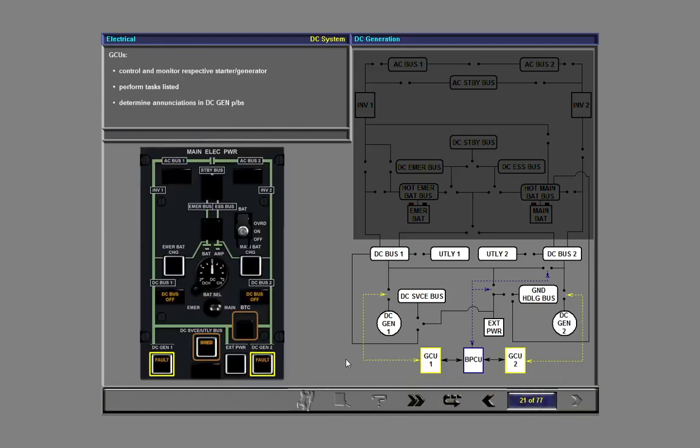The GCUs monitor the status of their respective generators and determine the annunciations appearing in the DC generator push buttons.